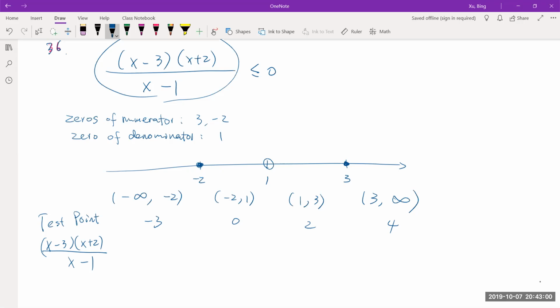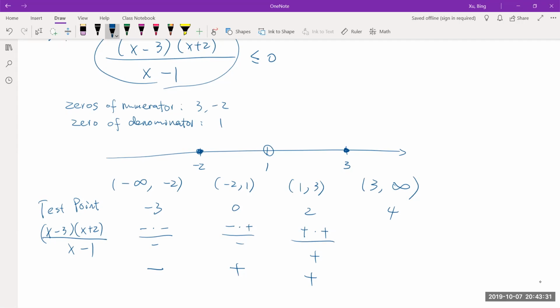So plug in -3, negative times negative over negative. That's overall negative. Here, 0, that's negative times positive times negative over negative. So it's positive. Over here, it's positive times positive over positive. Okay, overall positive. Here 3.